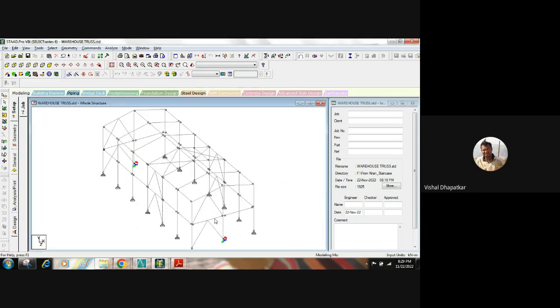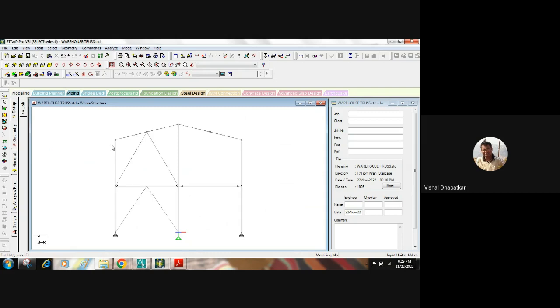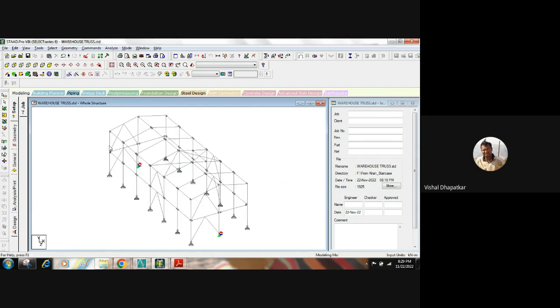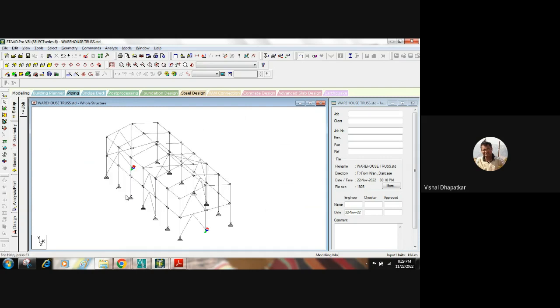Okay, we have added bracing here, so all the geometry is almost done. Then we have to add the roof load, then wind load, and roof wind load. Then we'll just design the truss. We'll see how the section sizes are required.